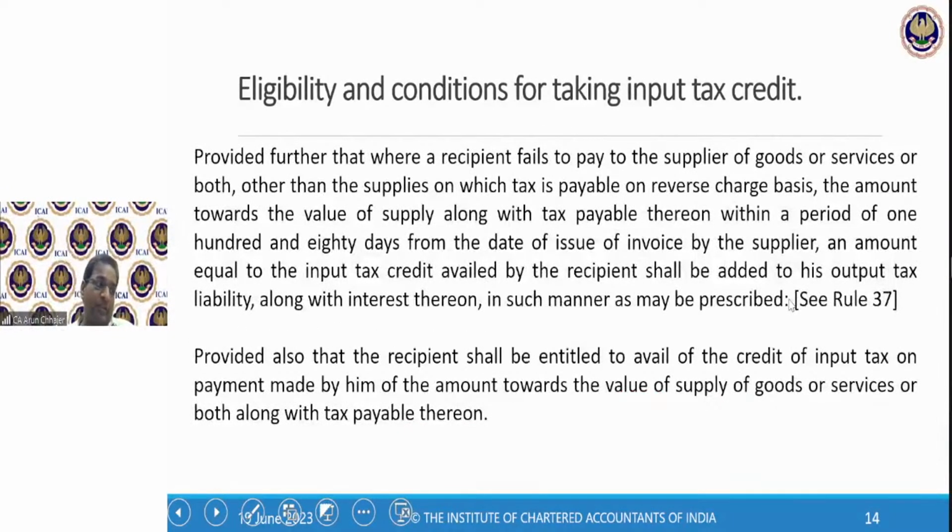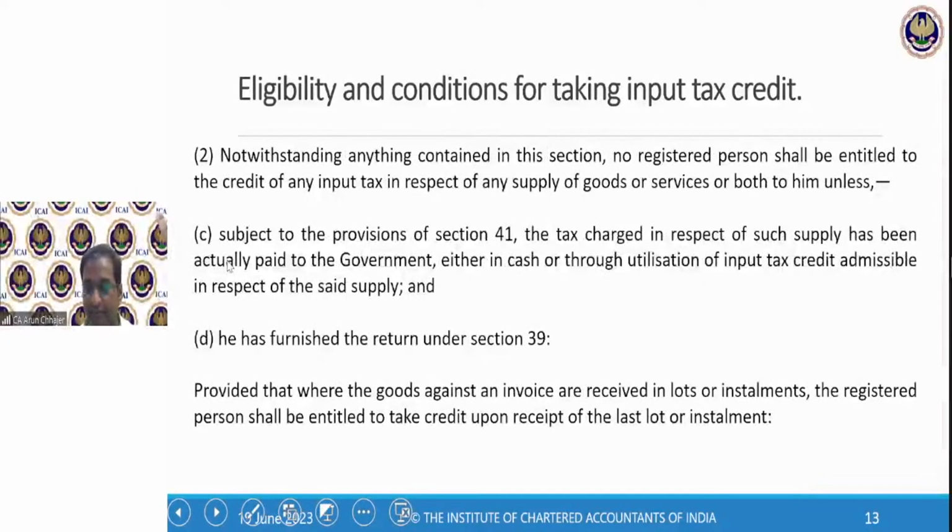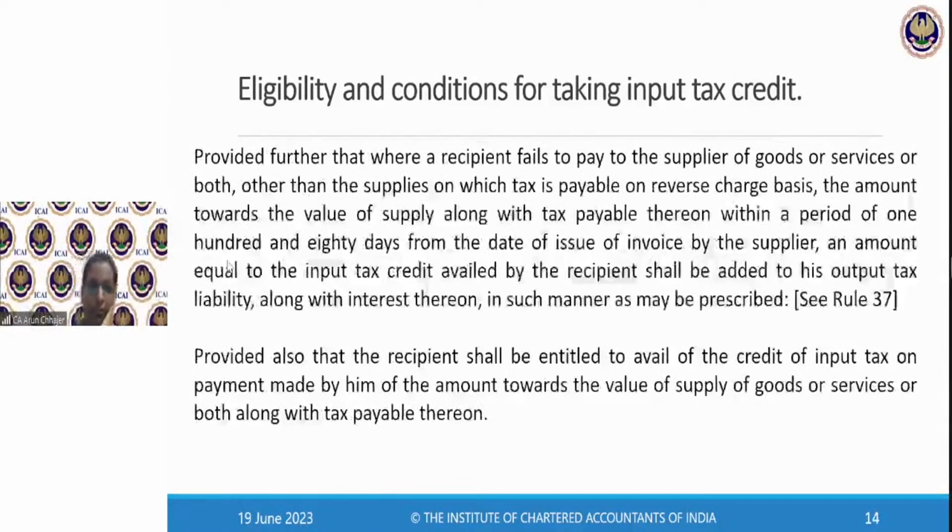Now read the proviso. There are two provisos. First proviso, read carefully. We have already read that if the goods are being received in lots or installments, then ITC shall not be available in between, only on the last lot or installment.